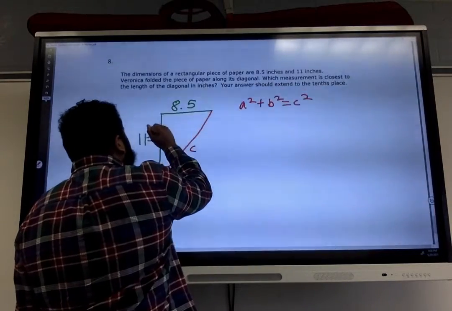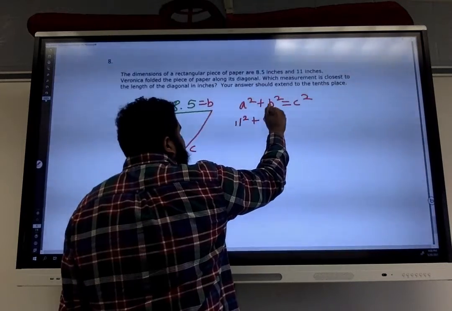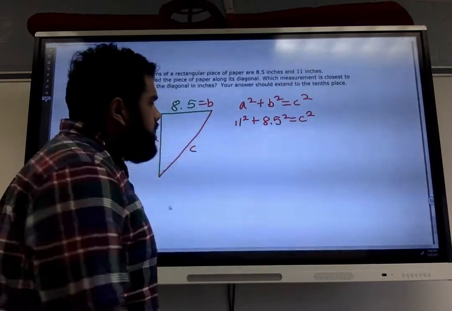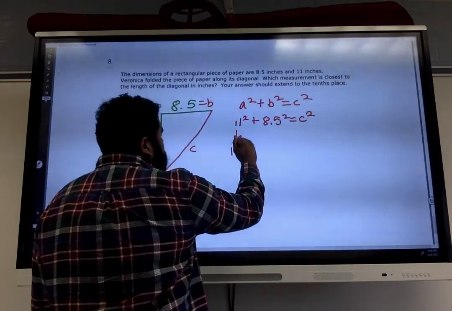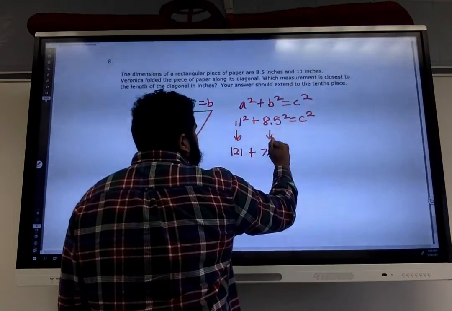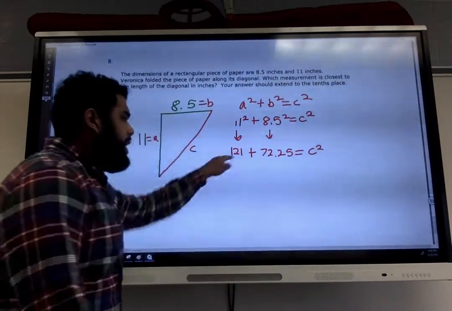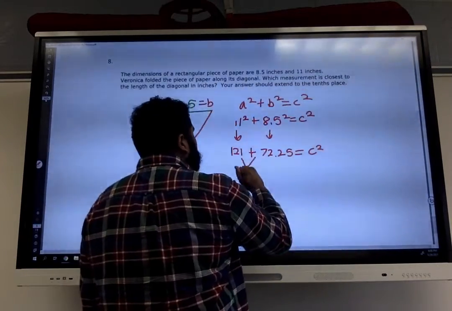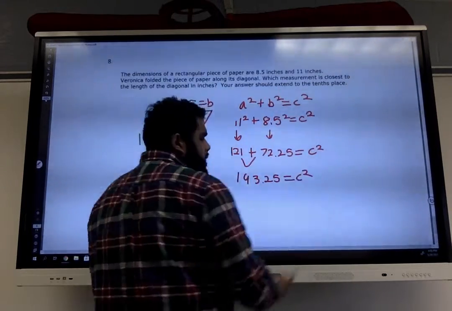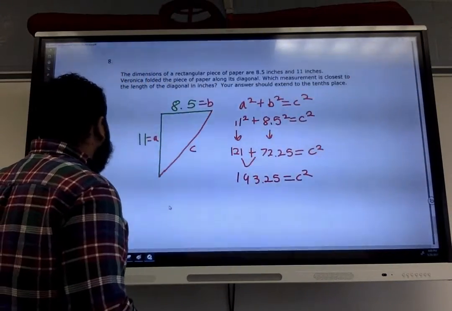So 11 is A, 8.5 is B. 11 squared plus 8.5 squared equals C squared. 11 squared is 121. 8.5 squared is 72.25. We add these two together and get 193.25 equals C squared, and then I take the square root of both sides of the equation to get C by itself.